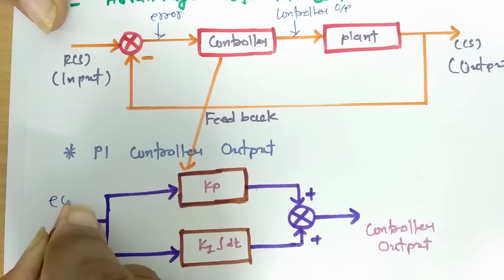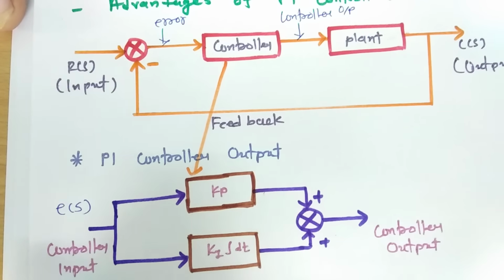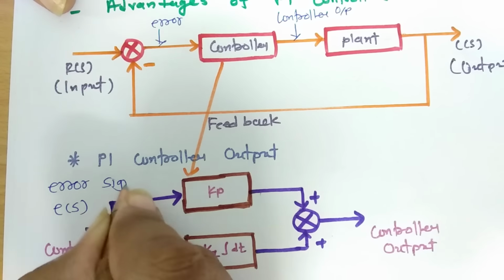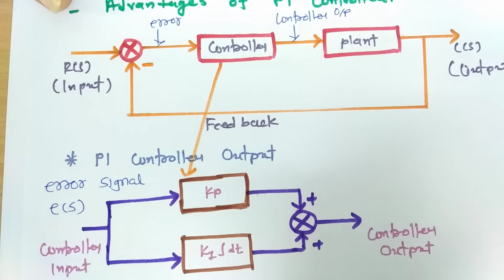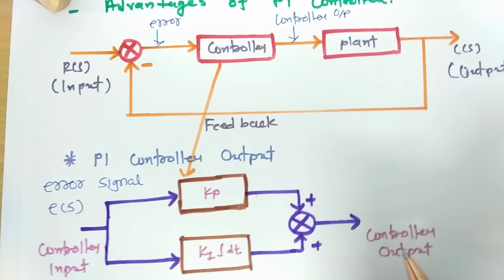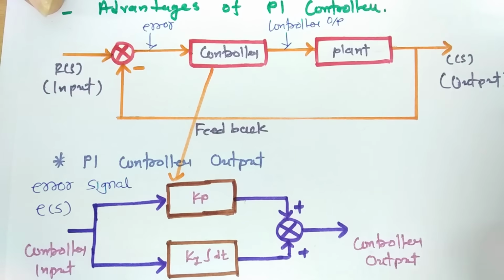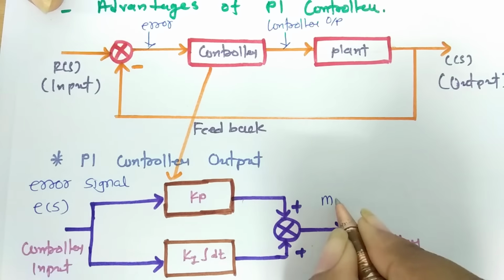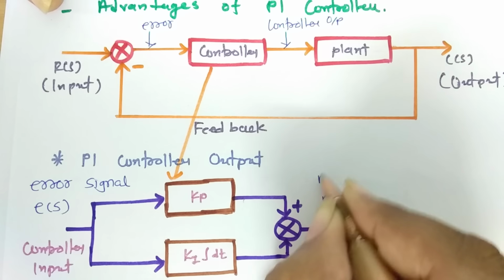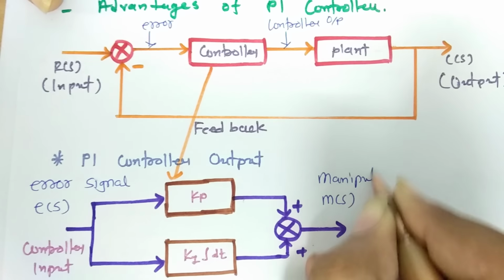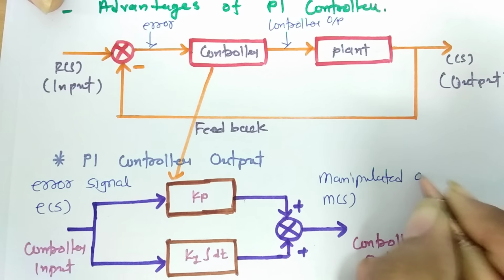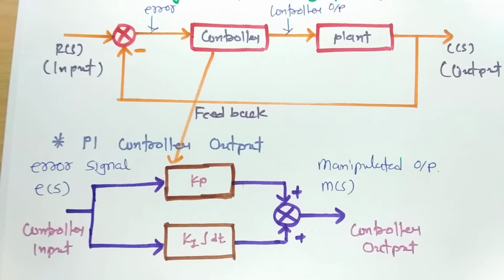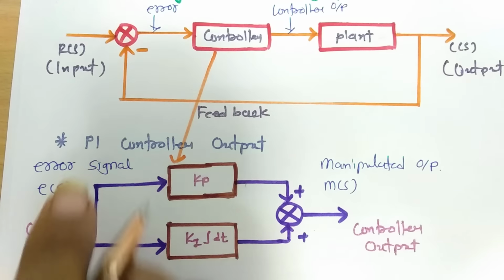So this is what ES, I can say this is error signal, and this is what controller's output, this is what controlled output, even that we can say, or we can say manipulated output. Let us say it is MS. Now first of all I will be explaining what is PI controller's output.